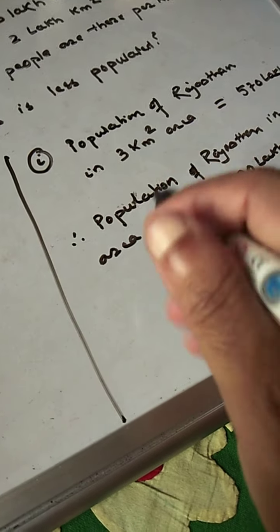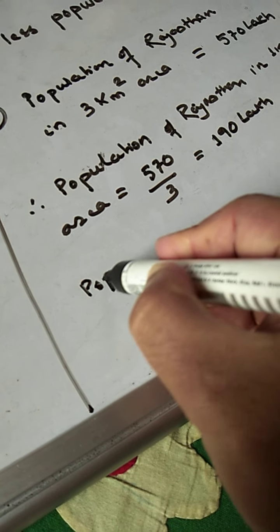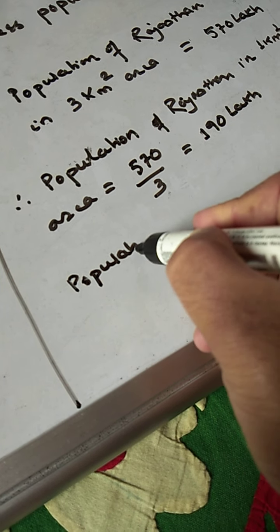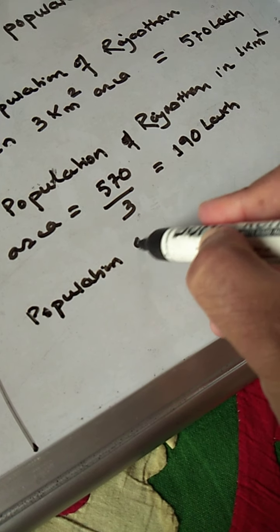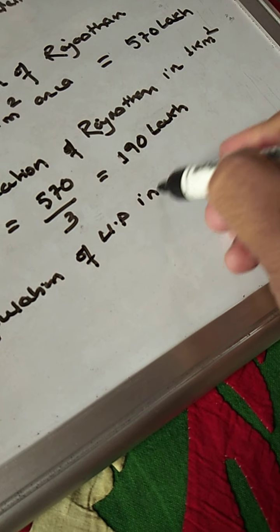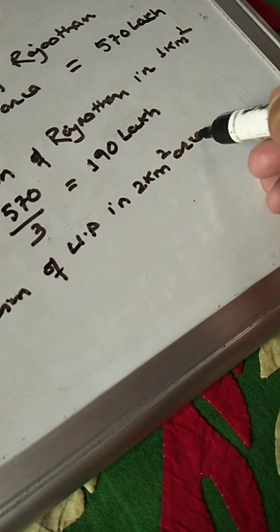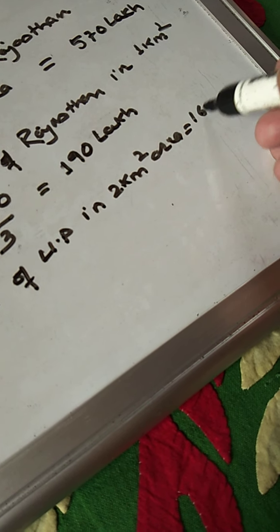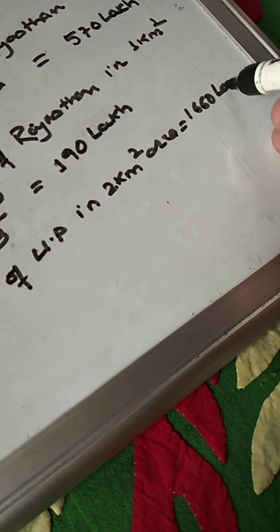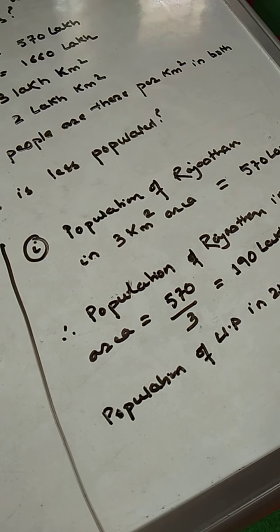Now the same thing we'll do with UP also, that is population of UP in 2 kilometer square area is what? 1660 lakh, isn't it? According to the question. Now what we have to find out?